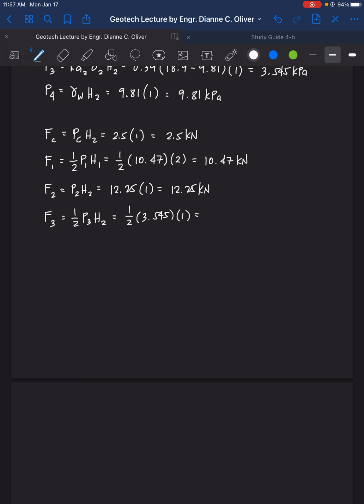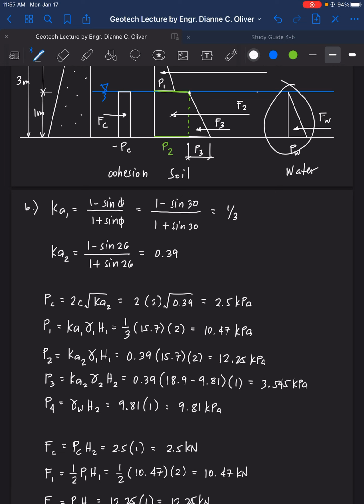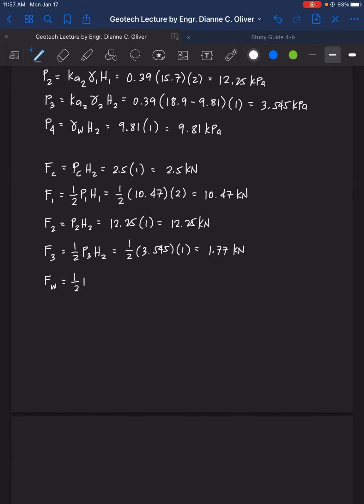So F3 is now equal to 1.77 kilonewton. Then we have F of water. F of water is uniformly varying, a triangle. So 1/2 PW times the height, H2. That is 4.905 kilonewton.